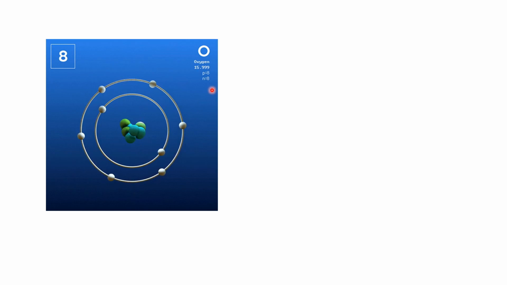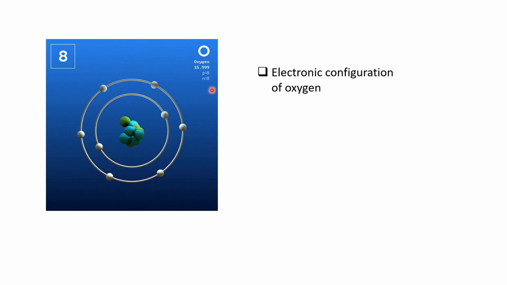Now oxygen has 8 electrons in total. So the electronic configuration, that is the placement of electrons across these orbitals, is 2, 6. In the first orbital, the maximum number of electrons that can be accommodated is 2. So out of 8, 2 go in the first orbit, 6 remain.